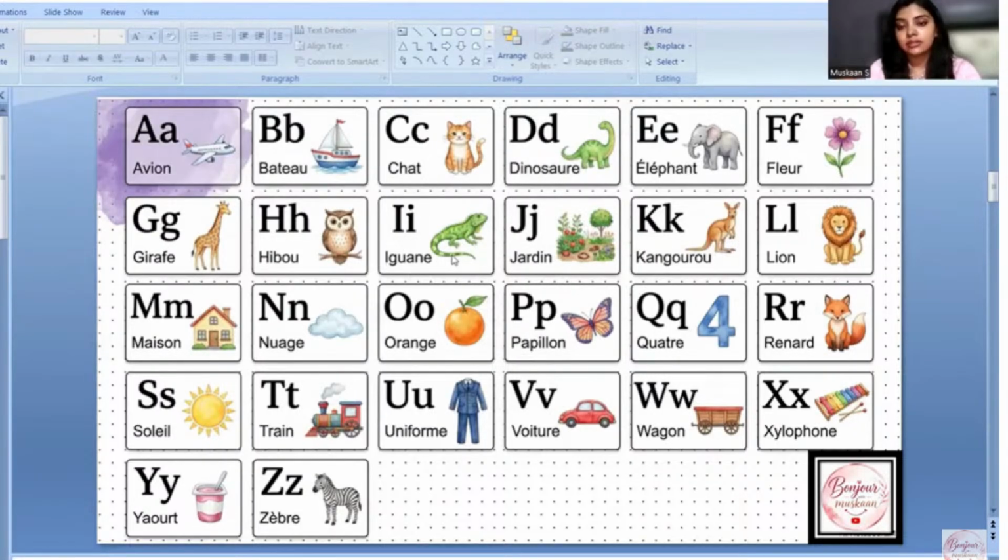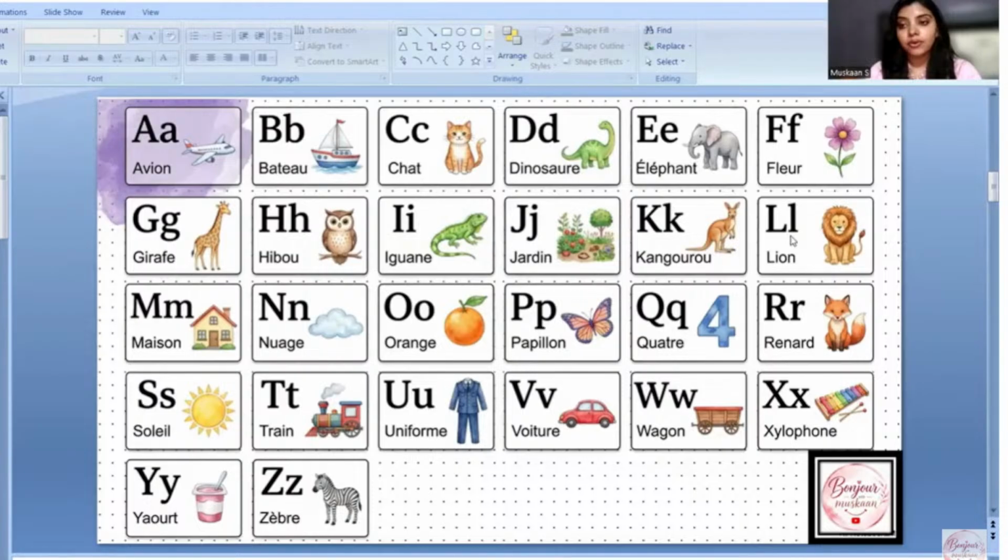You can see that also. Then J, jardin. Jardin. K. K for kangaroo. Kangaroo. L. L for lion.